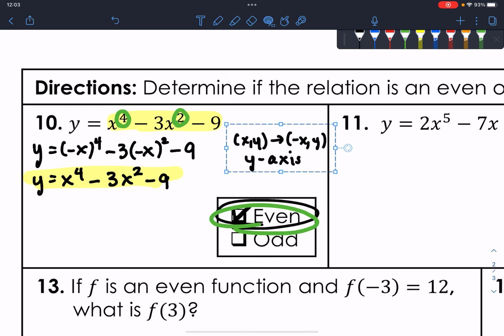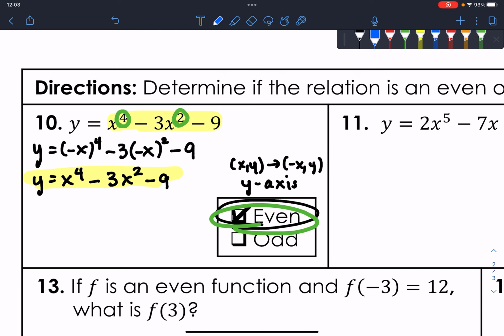The exponent on the 9 is x to the 0 power. Since 9 doesn't have an x, that means it's x to the 0 power, and 0 is still an even number. So all of these exponents are even. Therefore, we can use that shortcut and not do the work in the substitution and determine that this is going to be an even function.